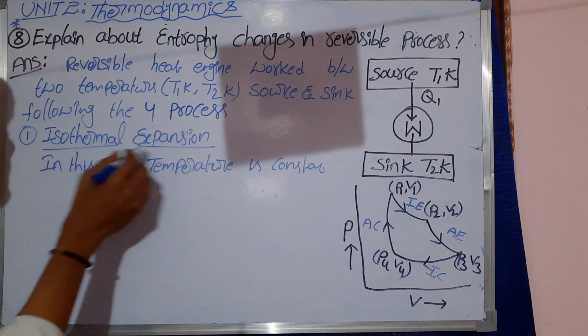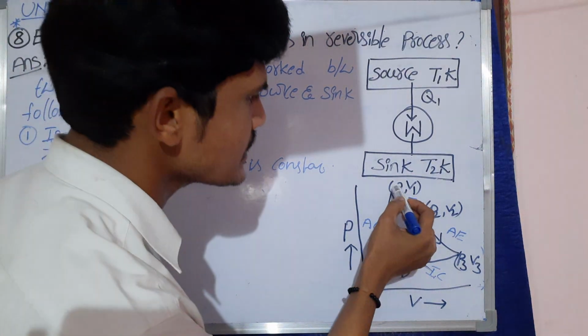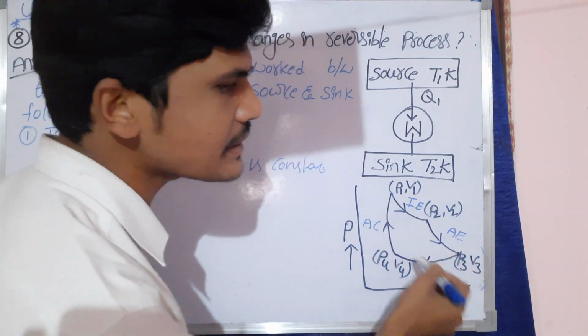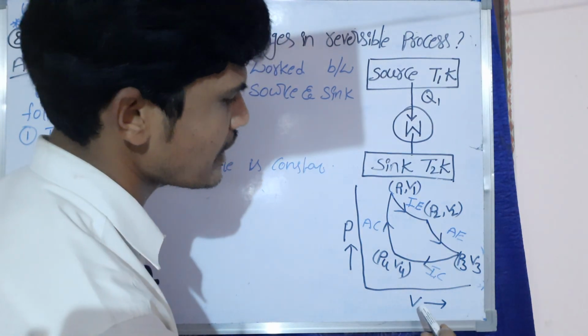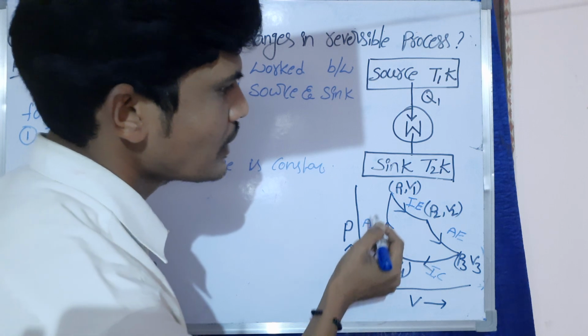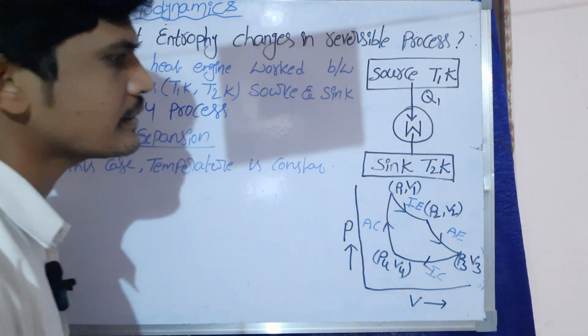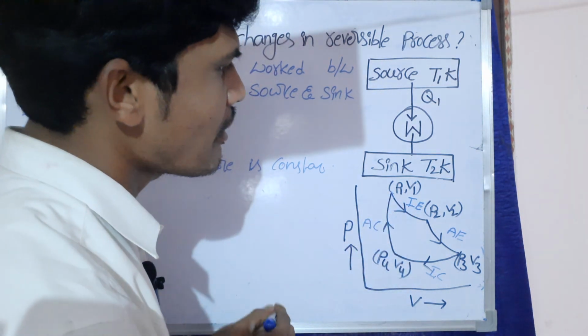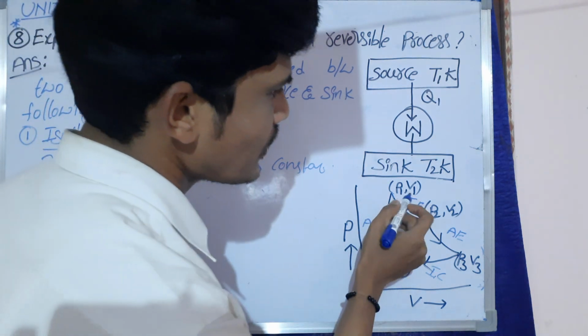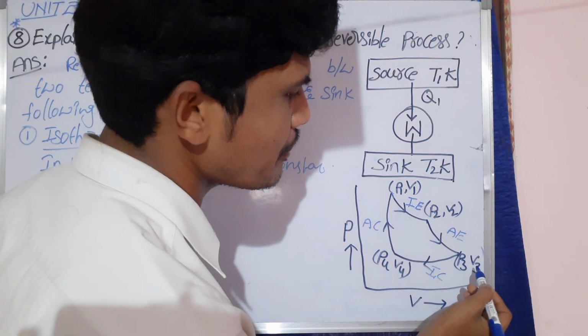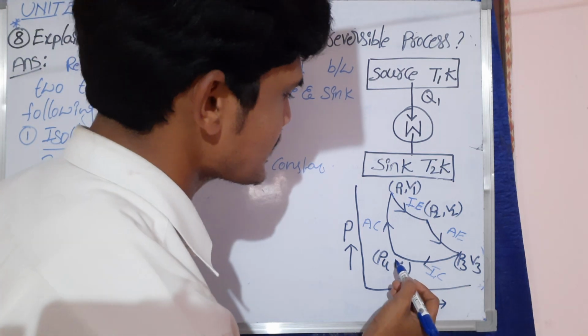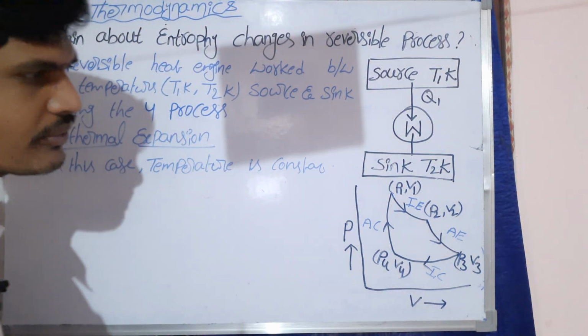First one, isothermal expansion. So this is the heat engine diagram. On the x direction is volume V, on the y direction is pressure P. This is the first point, pressure P1 and volume V1. Next pressure P2, volume V2. Next pressure P3, volume V3. Next pressure P4, volume V4.